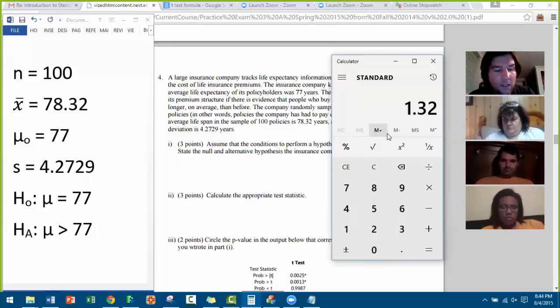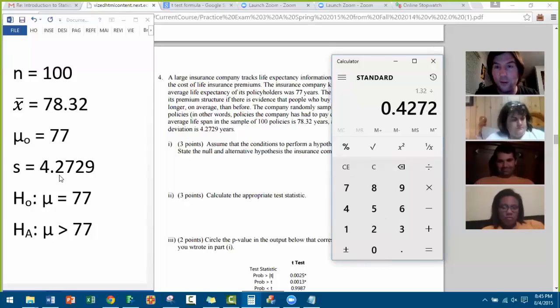And now the amazing thing about this is the bottom part, which is S over the square root of n. Square root of 100, I'm saying the answer. It's S over the square root of n, and n was 100. So we're dividing this by 10, which means we move the decimal. All we're doing is moving the decimal. So this is the standard error of the mean.